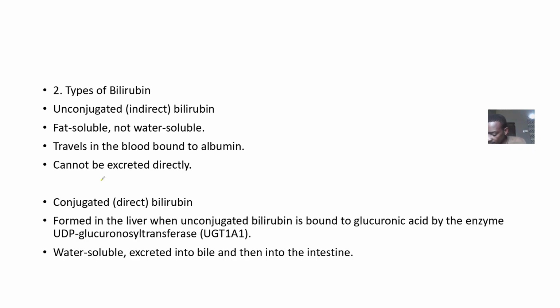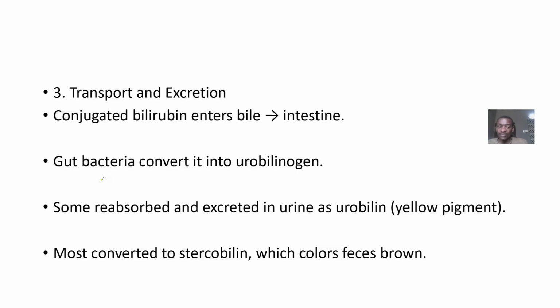Okay, for that introduction. Now moving forward, talking about its transport and excretion: after it goes through the liver, it moves into the intestine. Gut bacteria will then convert it into what? Urobilinogen. Okay. So some reabsorption and excretion will occur.